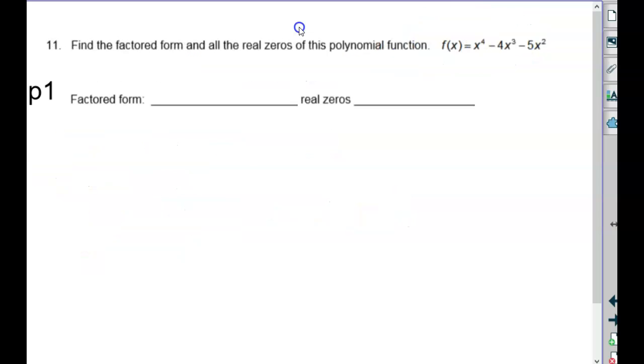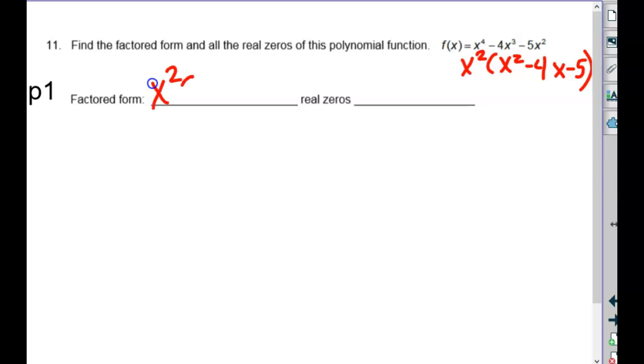All right. Number 11. Find the factored form and all the real zeros. Okay? Real means everything except imaginary, right? Okay. What can I do to this first? Take out an x squared. That leaves x squared minus 4x minus 5.